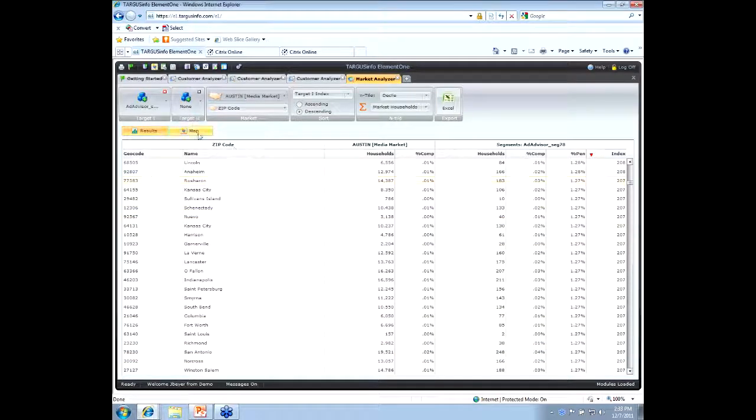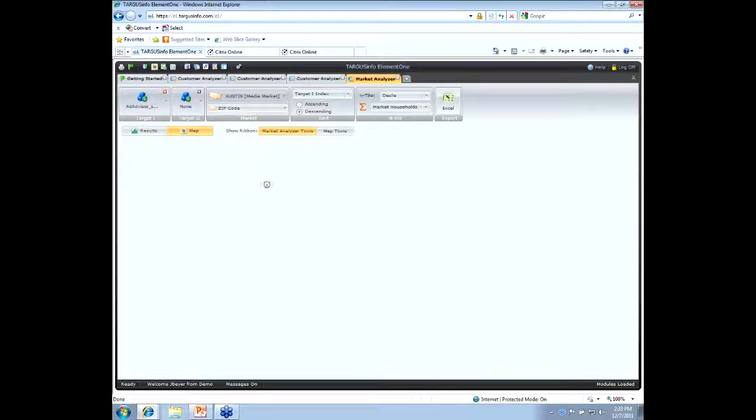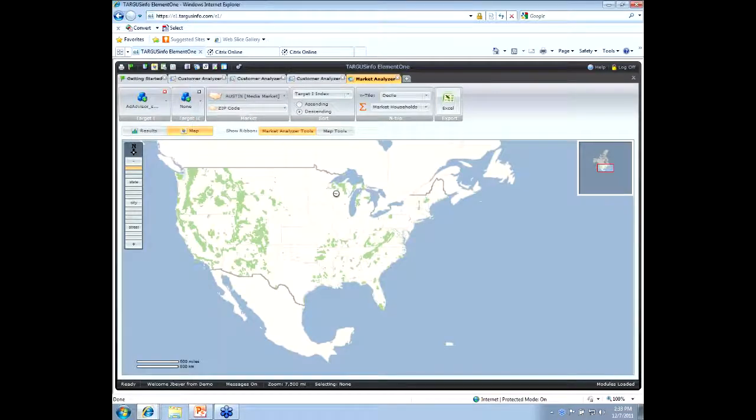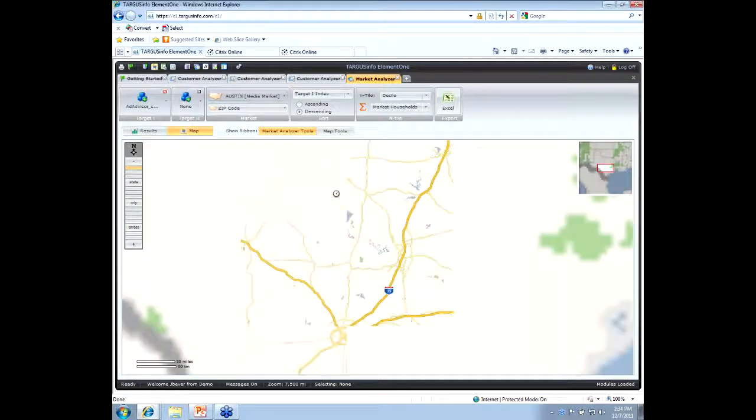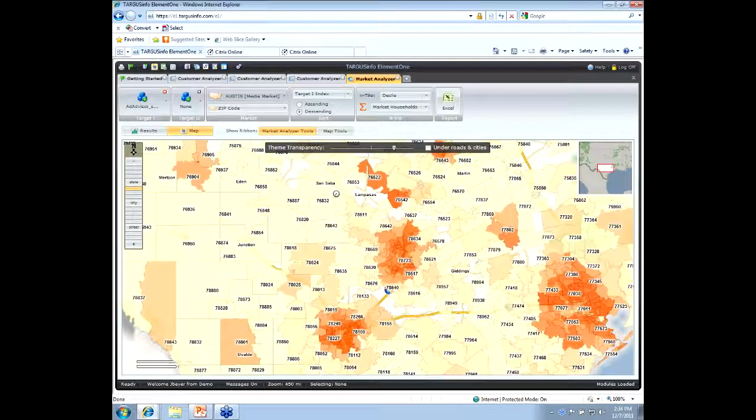And for a lot of people, looking at this view on a map is very valuable. You're wanting to look at where are those hot spots within your market for a particular segment. In this case, we're looking at Austin and surrounding areas.